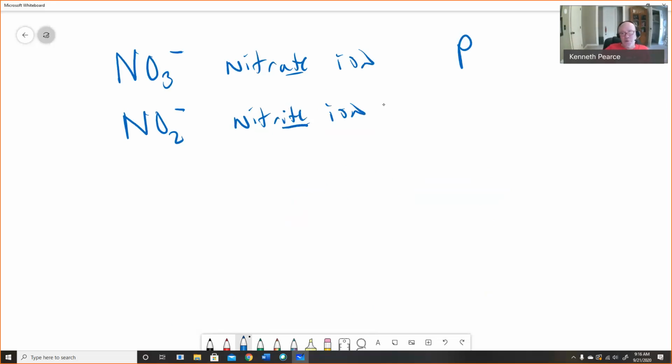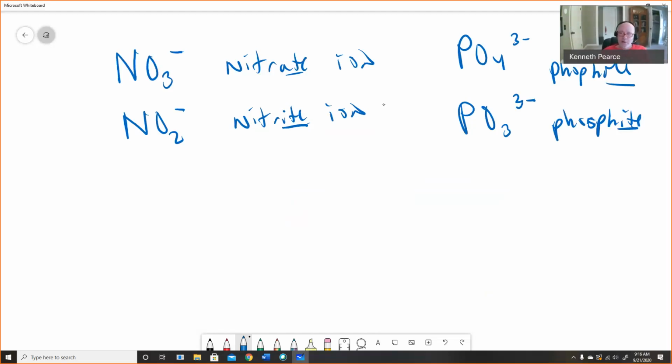And so we can have something like this, which is a phosphate, goes to a phosphite. So this is a phosphate. This is a phosphite. So you've got ates and ites. The only way you can tell the difference between them is by memorizing them. And the only pattern that you can really count on is that ates become ites.